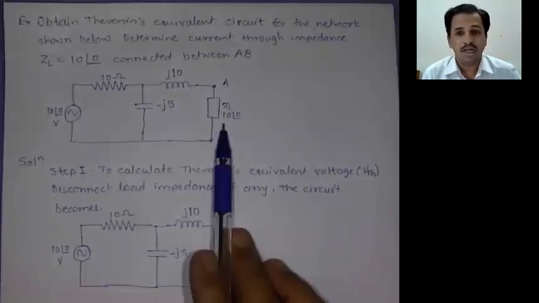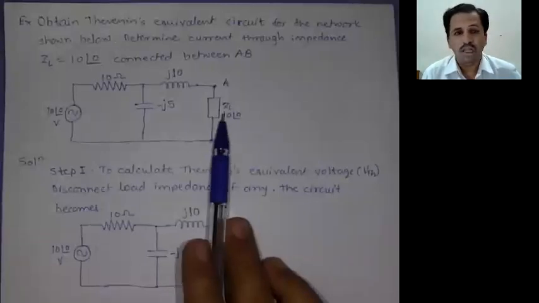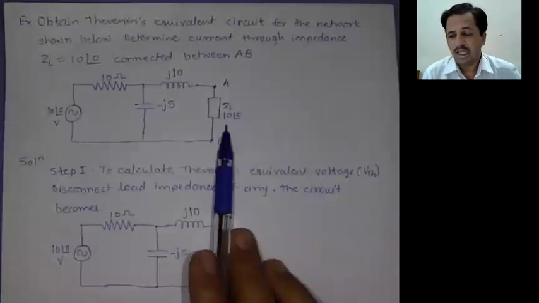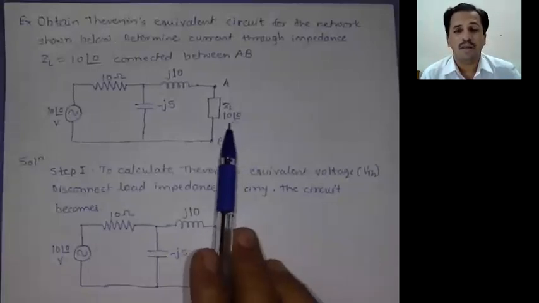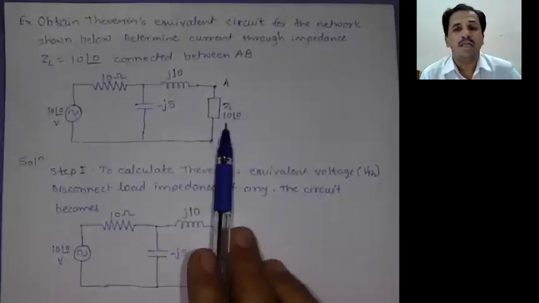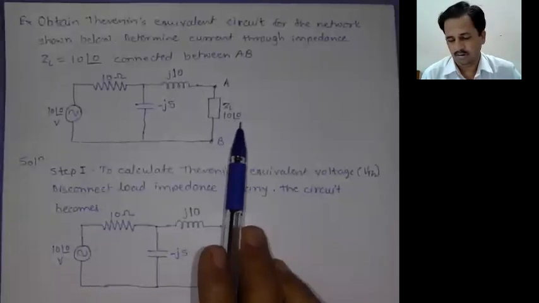Which type of impedance is it? It is a resistor, but we represent it with the ZL value, that is 10 with angle 0, because in case of a resistor the current and voltage are in phase with each other. Therefore the angle value should be 0.